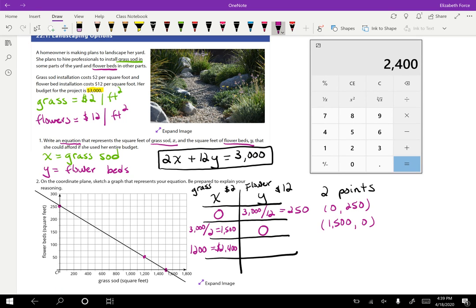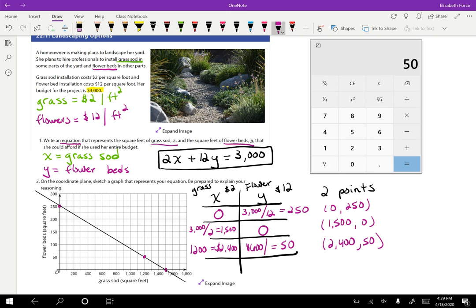If I have $3,000 to spend, that means I have $600 left over for flowers. And if there is $600 left over and it's $12 a square foot, there's my 50. So that is another solution to this situation.